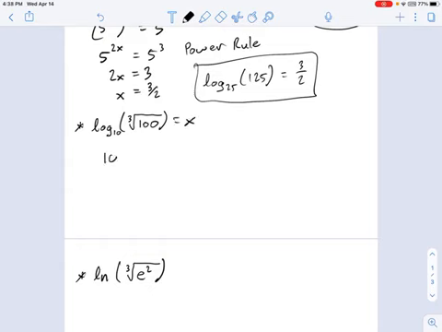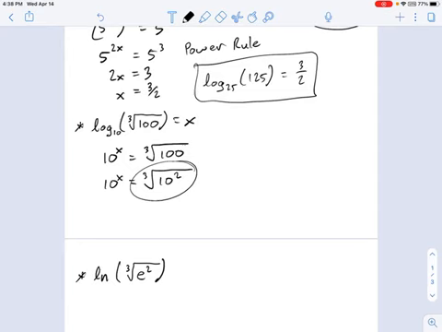We're going to say 10 to the x equals the cubed root of 100. And I know I'm going to have to express everything in terms of the number 10. So maybe we could write it this way: 10 to the x equals the cubed root of 10 squared. That's 100.